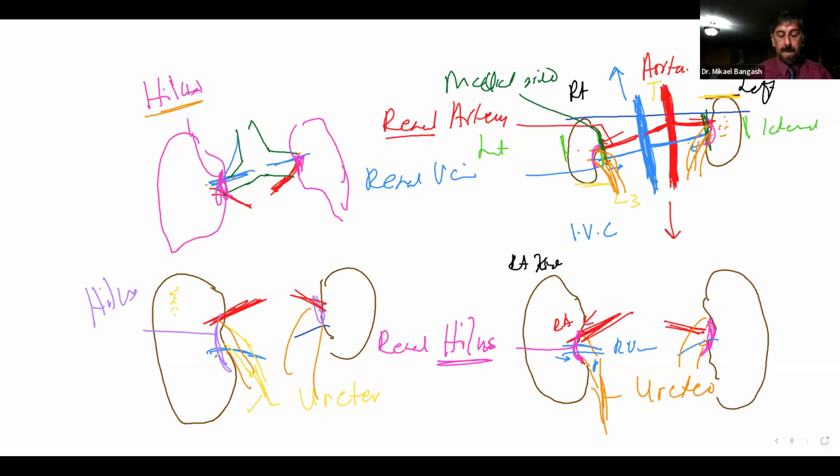Did you guys get that? I'm sorry, can you repeat that one more time? You said it will enter from somewhere and leave from another. A renal artery will enter the kidney.